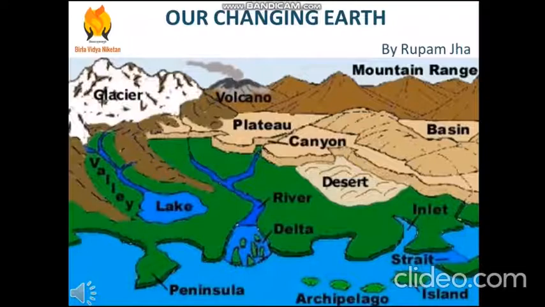Now, similarly, these earthquake waves are also formed, and the greatest damage is usually closest to the epicenter, and the strength of the earthquake decreases away from the center. That means the areas which are away from the epicenter, there is lesser damage.